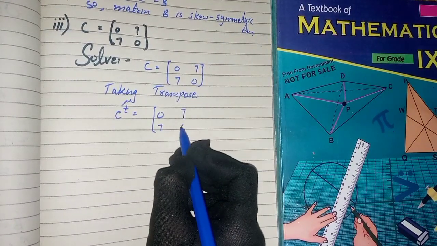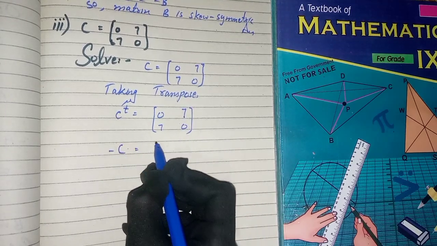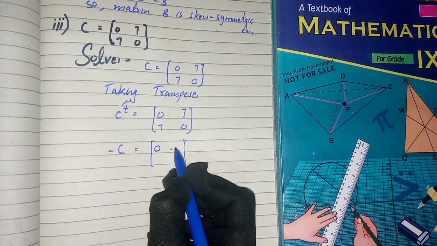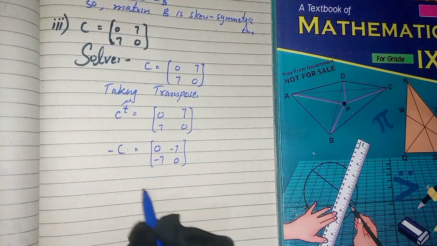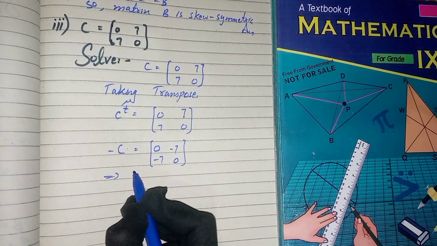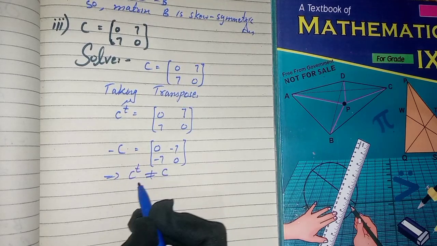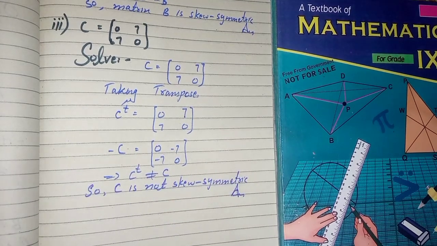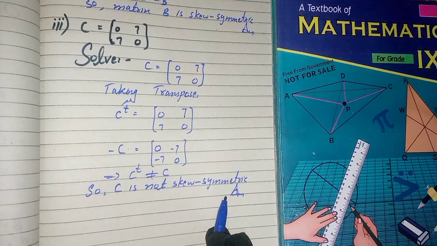Now we find minus C: 0, minus 7, minus 7, 0. We can see that C transpose is not equal to minus C. So matrix C is not a skew symmetric matrix.